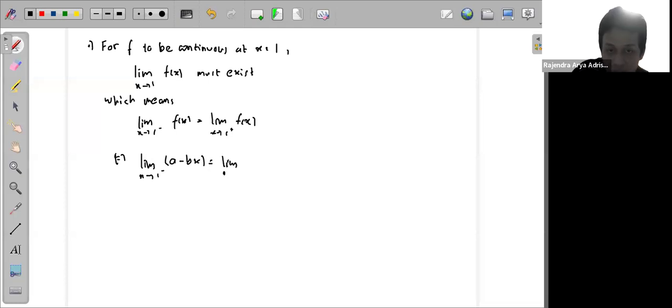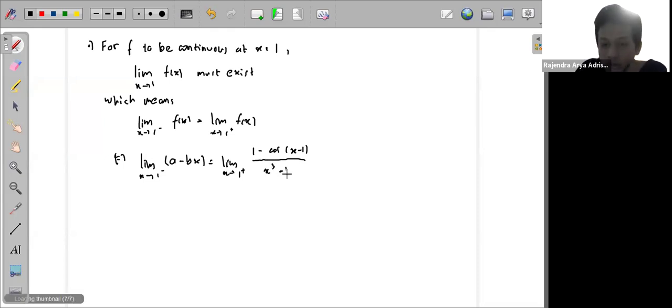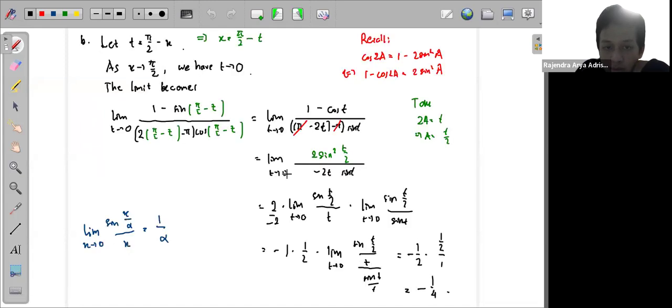And from the right, we use the definition of this one, log of 1 cosine x minus 1 divided by x to the third, right?